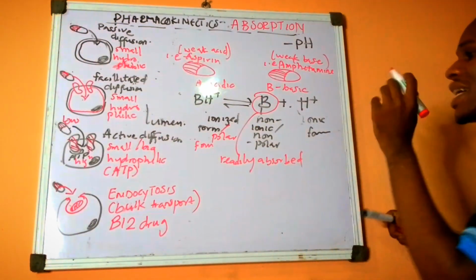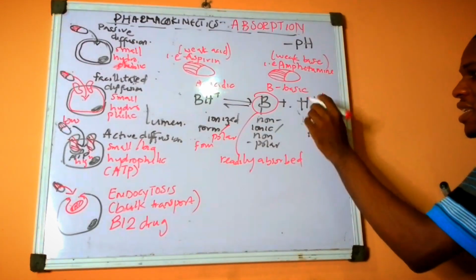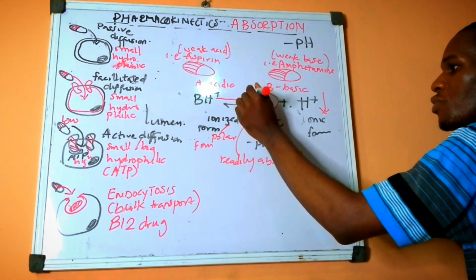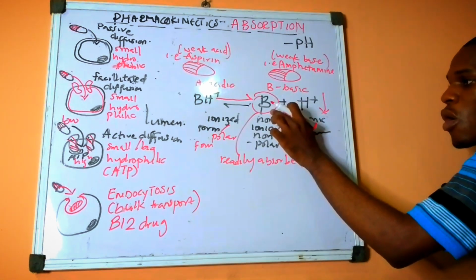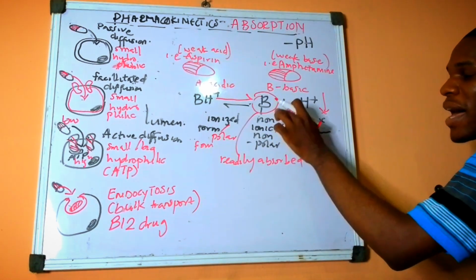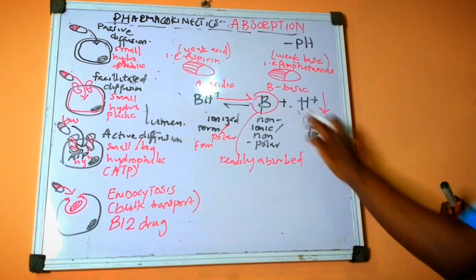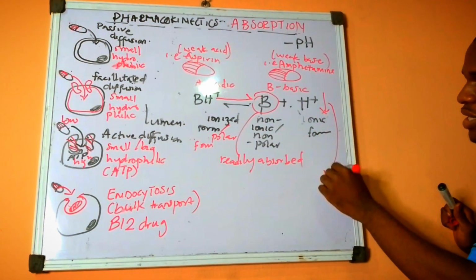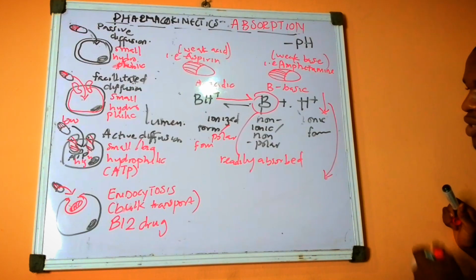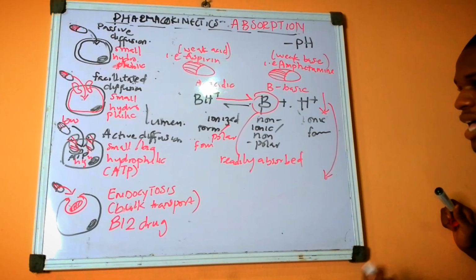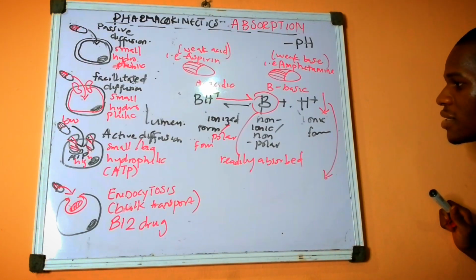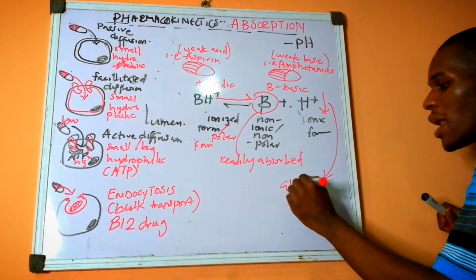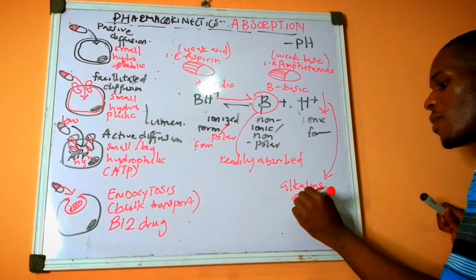According to Le Chatelier's principle again, decreasing H plus will cause the equilibrium position to shift to the right to produce more of the unionized or non-polar form of this weak basic drug. Decreasing the proton, which is of course an acid particle, would occur in an alkaline environment.